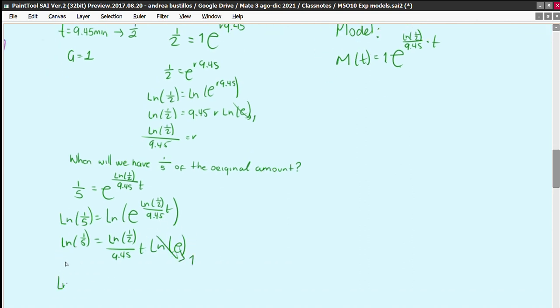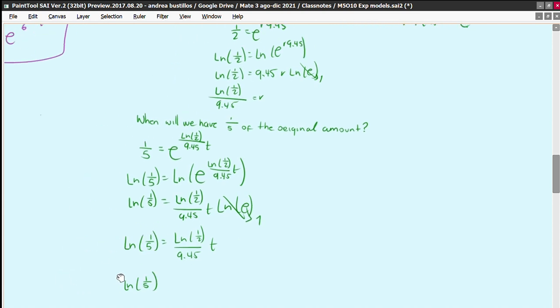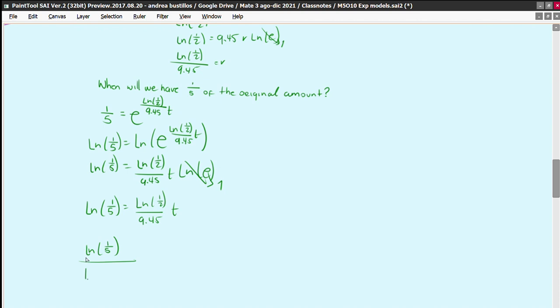So this is the natural logarithm of 1/5 equals ln of 1/2 over 9.45 times t. I'm going to pass that coefficient dividing to the other side. So this is the natural logarithm of 1/5 over the natural logarithm of 1/2 over 9.45, and this is the value of t.